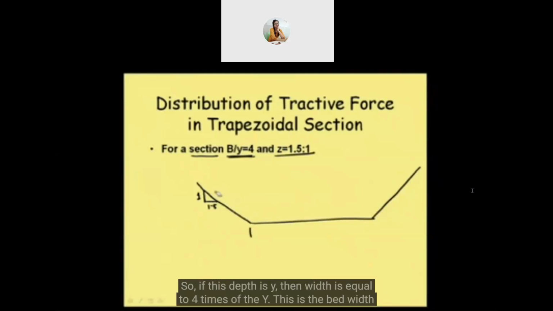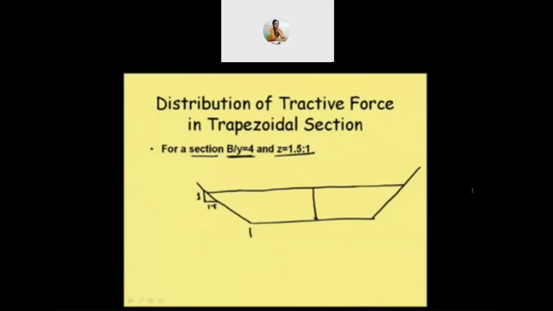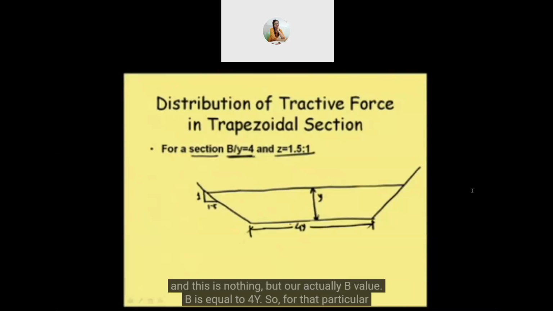So if this depth is y, then the width is equal to 4 times y. This is the bed width, and this is nothing but our B value. B is equal to 4y.